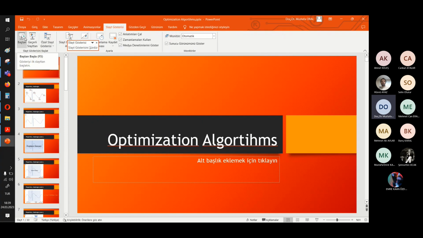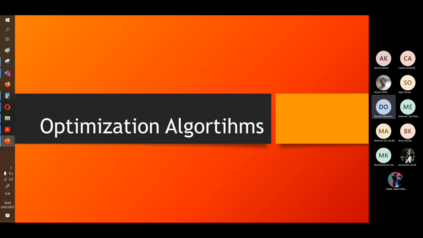Slaytımıza başlayalım. Yarısını anlatacağız bunun. Diğer yarısını haftaya bırakacağız. Şimdi şu ana kadar, up until now, all the algorithms we discussed were deterministic algorithms, except A star. A star had some heuristic information inside, so integrated to the Dijkstra's algorithm.